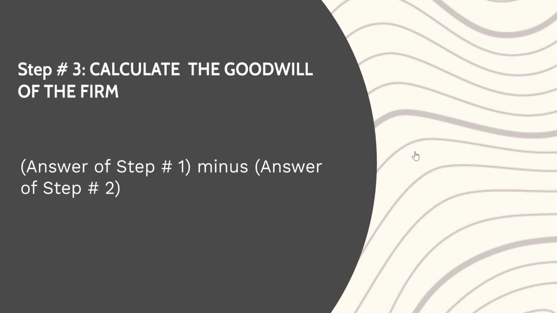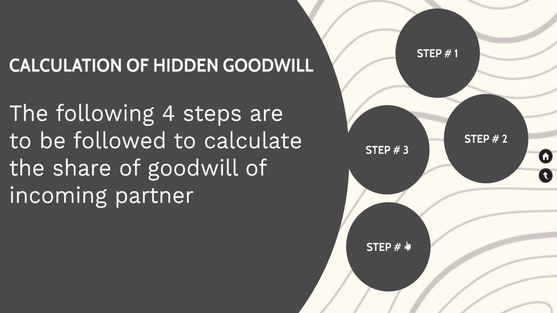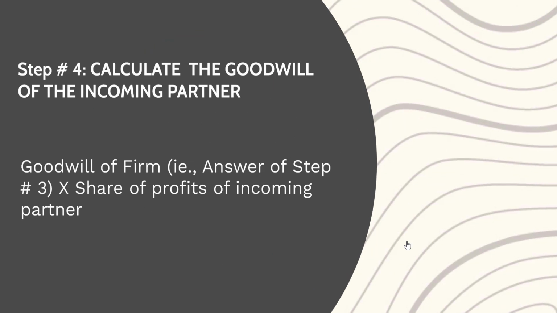The third step is to calculate the goodwill of the firm. For this, we will take the answer of step 1 minus the answer of step 2. The final step is to calculate the goodwill of the incoming partner.